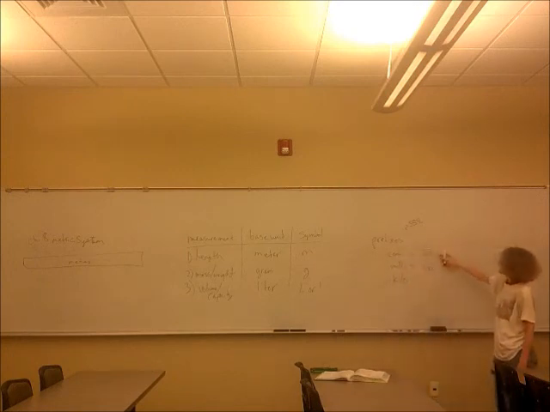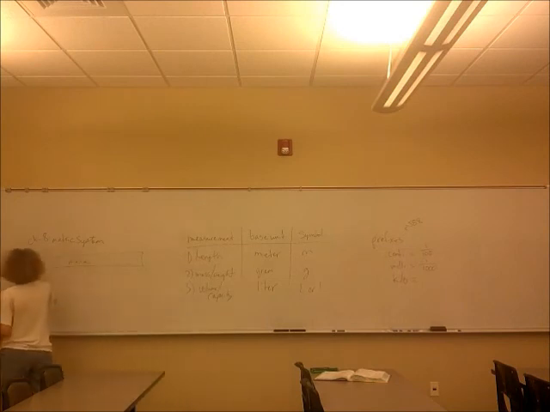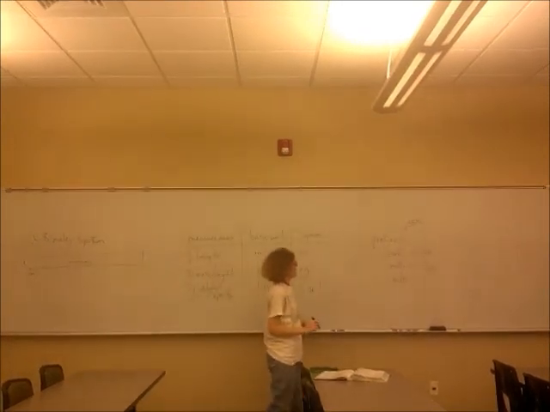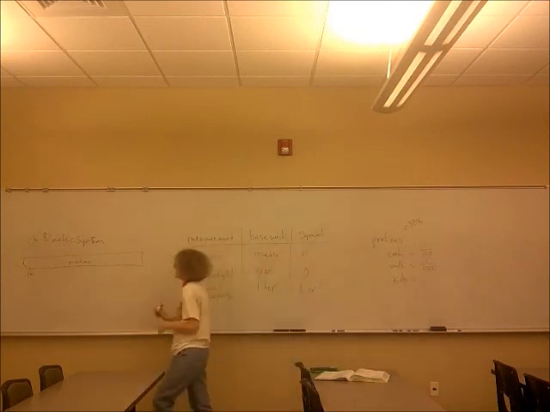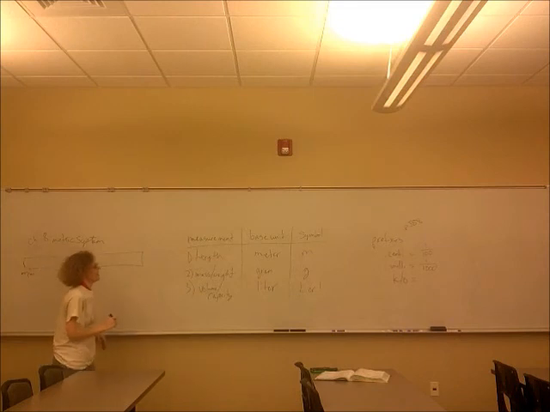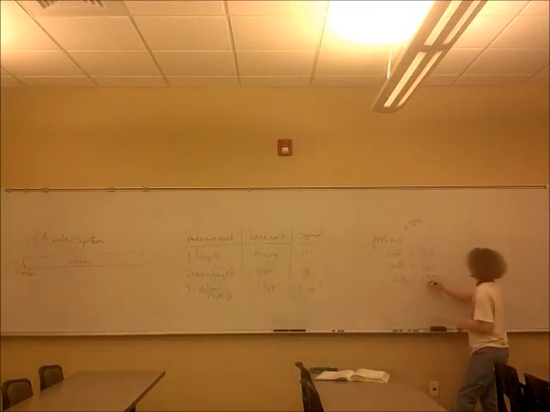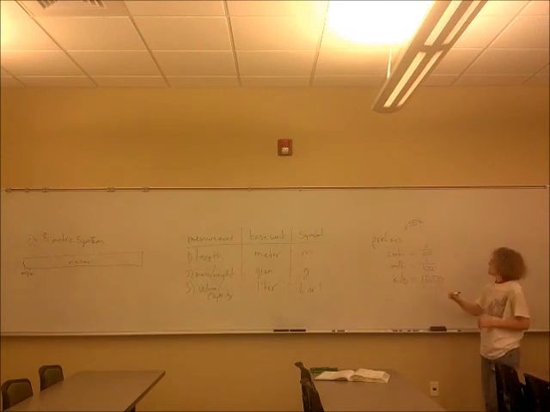Centi means 100th of the base unit. So if we look at our meter stick, there's 100 centimeters in a meter. Milli means 1,000th, so there's 1,000 little millimeters in this meter. And then kilo means you take your base unit and times it by 1,000. So if we take the meter and we times it by 1,000, we get the kilometer.